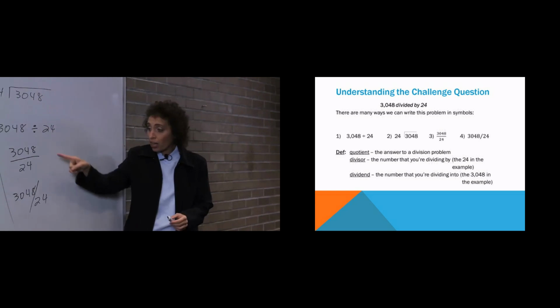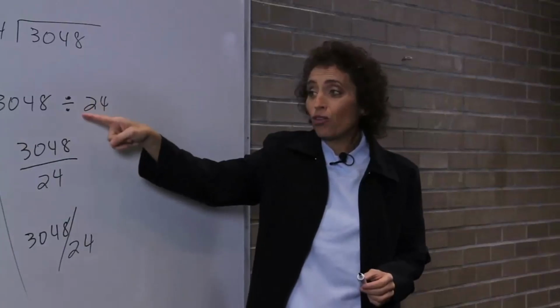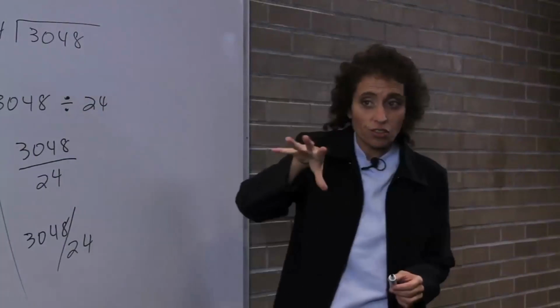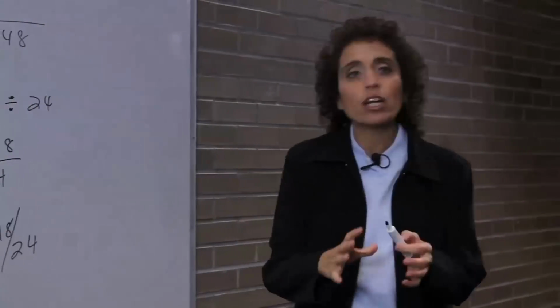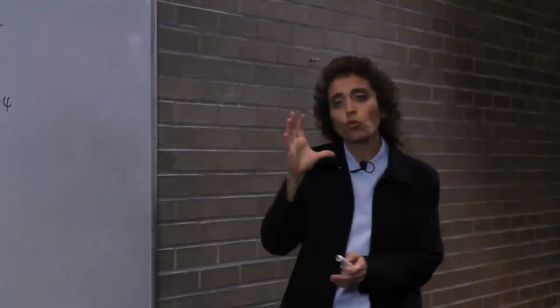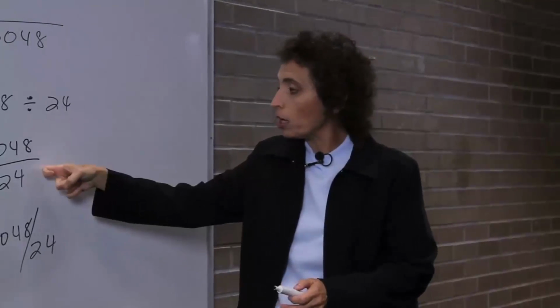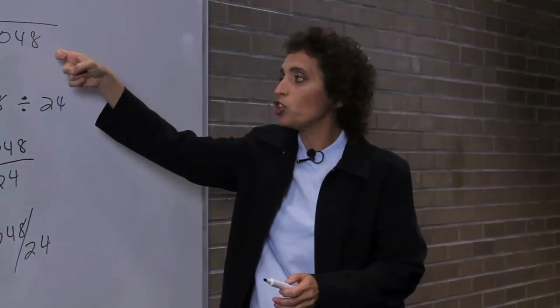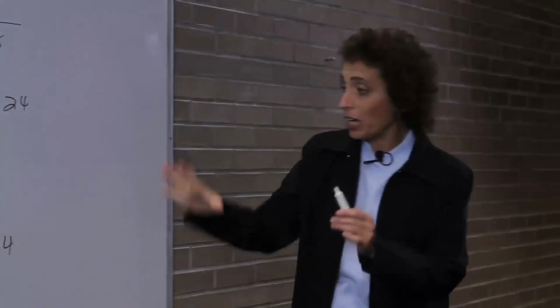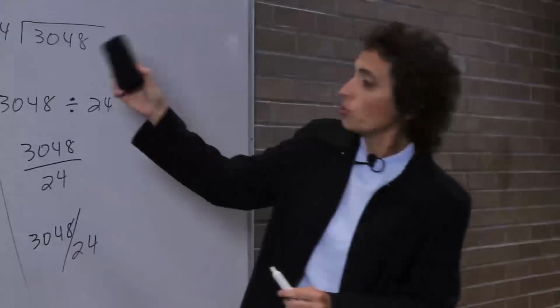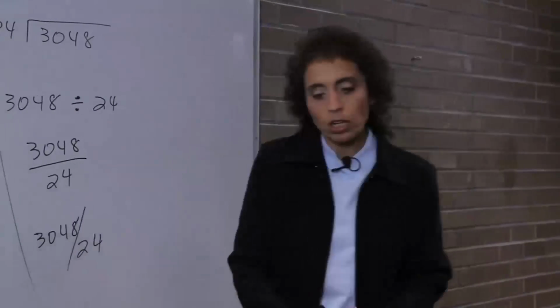But in algebra, we don't really like this little division symbol, because it doesn't really help us take words and put them into symbols, since sometimes it's harder to use. So this is really what we like in algebra, but this is what we like when we're actually going to do the problem. But we're not going to do the problem yet. We're going to come back to this problem. So just keep that problem in mind as we go on.